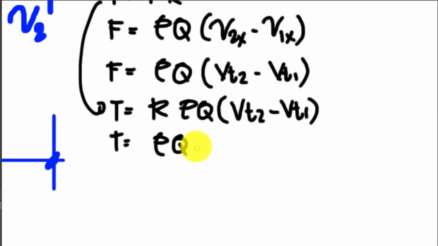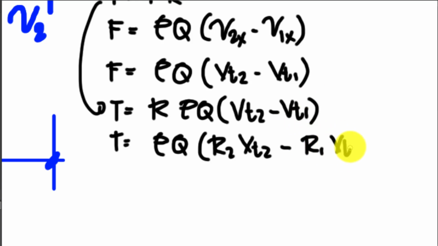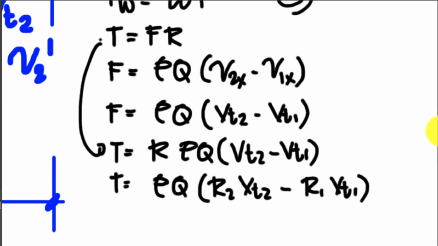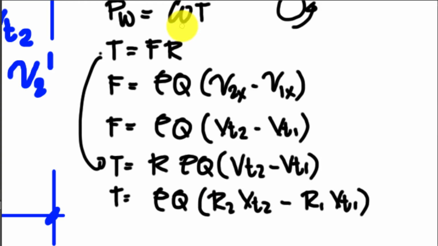That will be density, flow rate, and this is my radius 2 and tangential velocity 2, and this is my radius 1 times the tangential velocity 1.